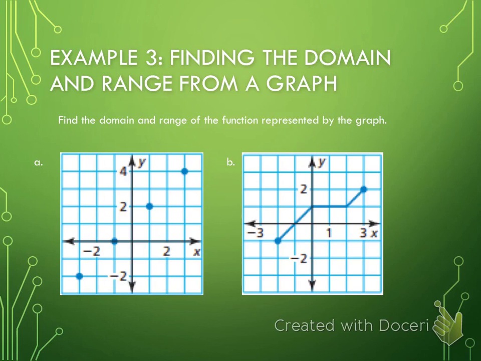So our points here are (-3, -2), (-1, 0), (1, 2), and (3, 4).